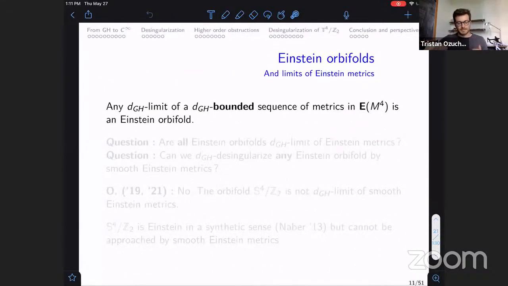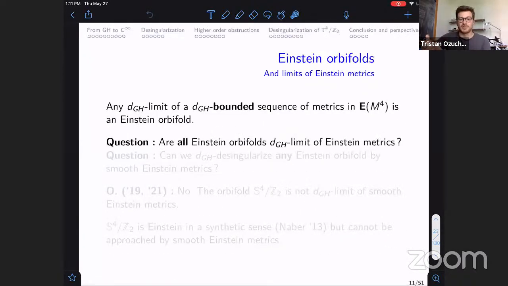Here I'm going to give a list of questions and some of my partial answers, just to give a plan of the rest of the talk. What we have seen so far is that if we have a bounded sequence of Einstein metrics, then the worst that can happen in the limit is that you have orbifold singularities. The natural question now is the converse.